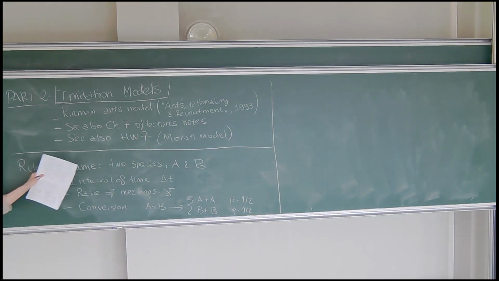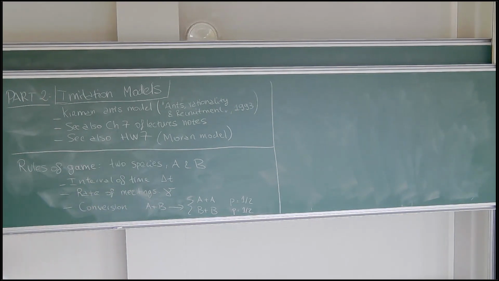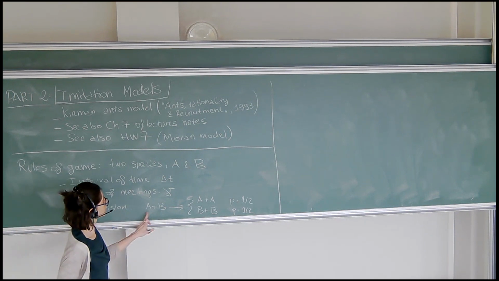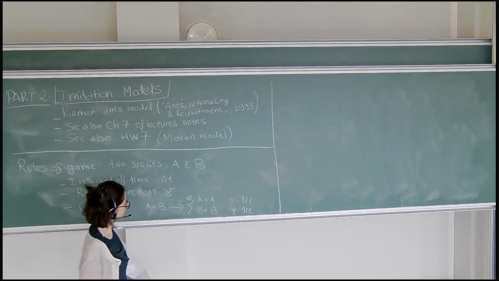Whereas if you look at the Moran model, you have some fitness. In the homework the situation is a little bit different, but let's stick to this example for the moment. So you have conversion which can occur with rate gamma. And you also have something else: an individual can decide to change its team spontaneously.